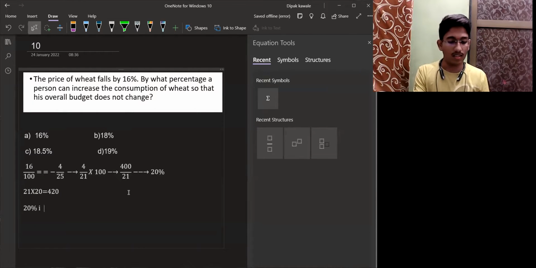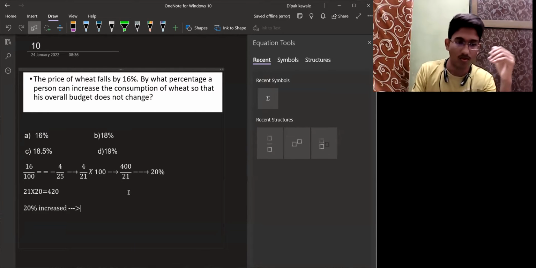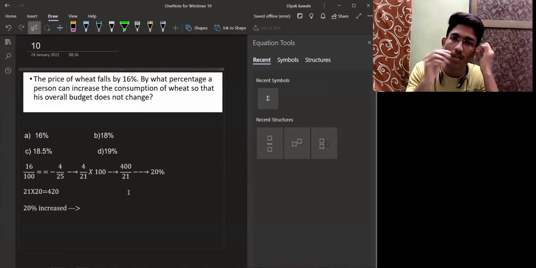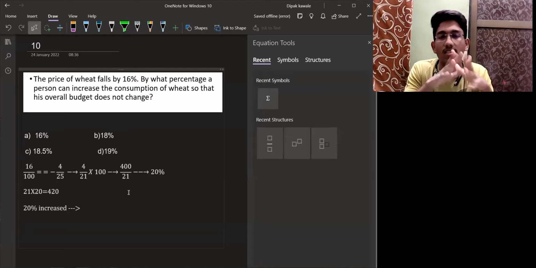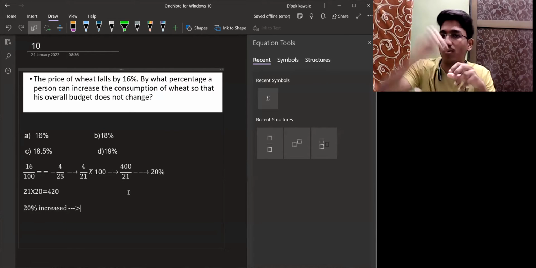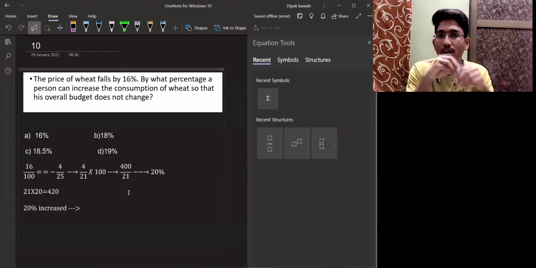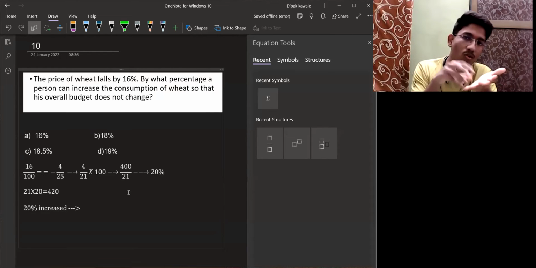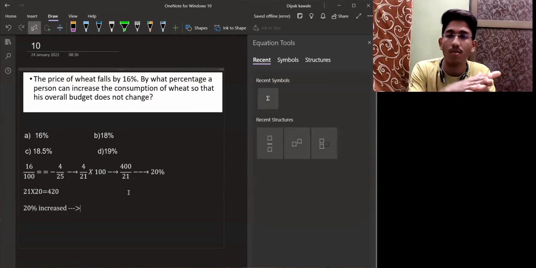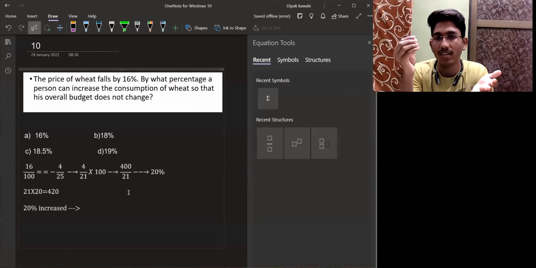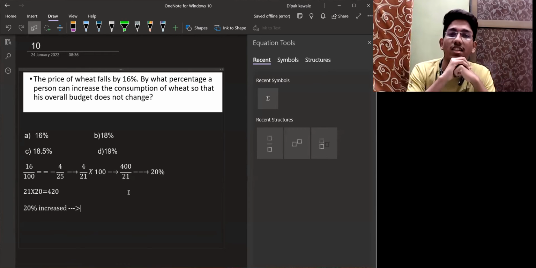It is increased, that means I got a promotion. So how much investment should I do such that my overall budget does not change? Investment means I have to invest somewhere, and if I invest somewhere, then it will not include my budget. Budget is my daily routine life, our food, our electricity bill. So how much investment should I do such that my overall budget does not change?